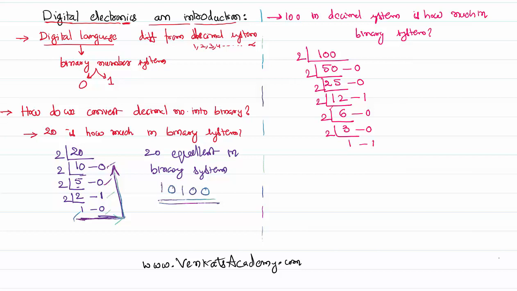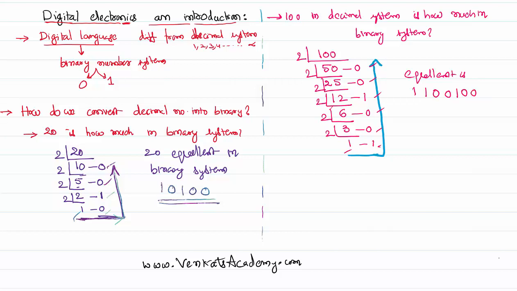See, now we have eliminated everything, and all answers are now in terms of zeros and ones. So what is the equivalent value of this? I have to read from here: 1, then 1, then 0, then 0, then 1, then 0, then 0.